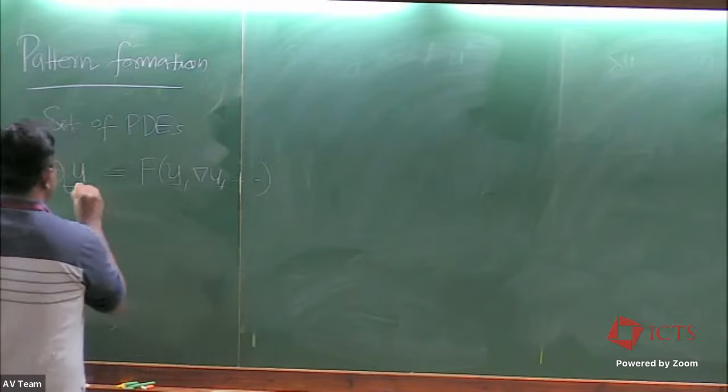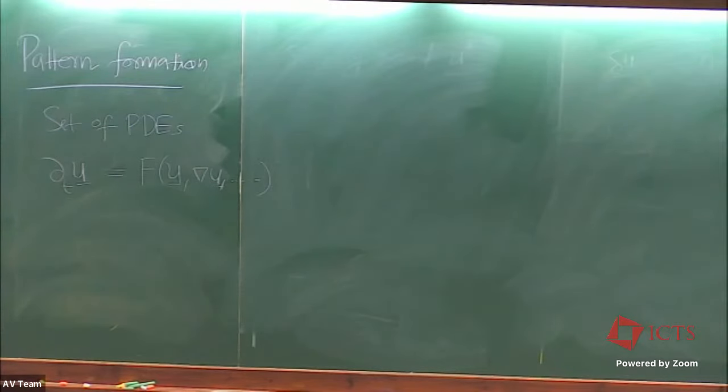So u is some vectorial thing. Now this, you don't lose any generality. If you have a second order derivative in time, you rewrite it as two first order equations. So that's easy to do.